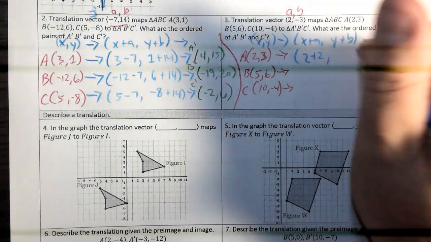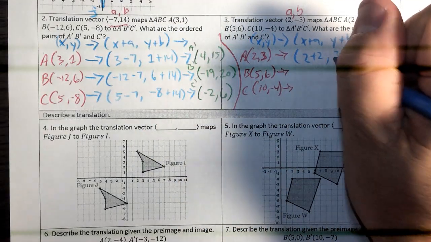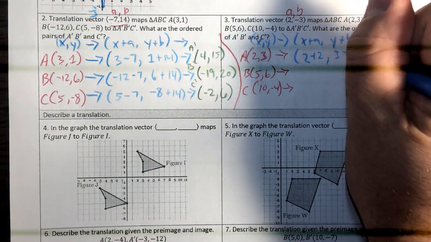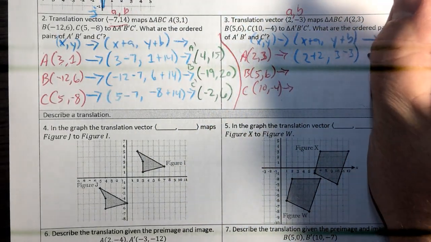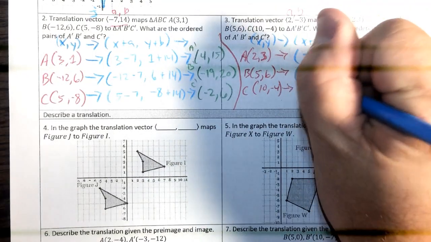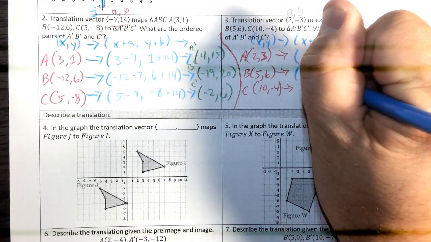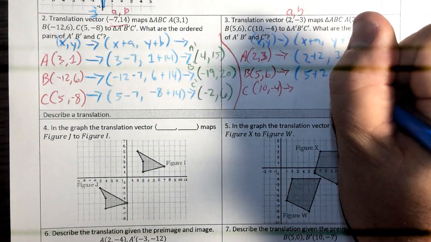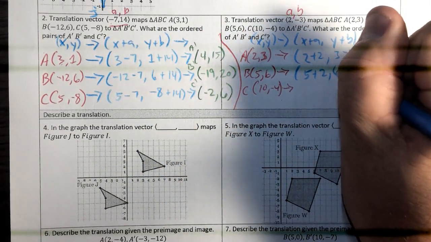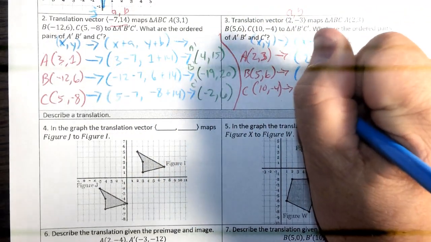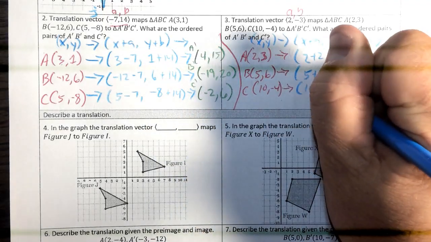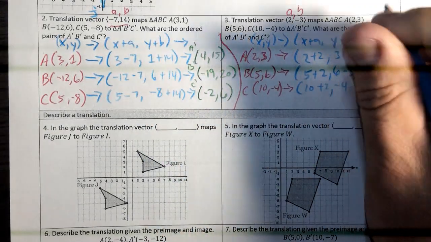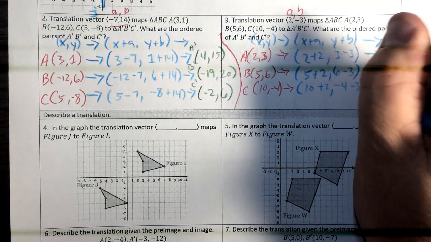So 2 plus 2, the y is 3, the B is negative 3. For B, we have a 5. Again, this is going to be the same, so plus 2. Our y coordinate is 6, and it's going to be minus 3 again. C, it's 10 for x, plus 2, negative 4 for our y, minus 3.